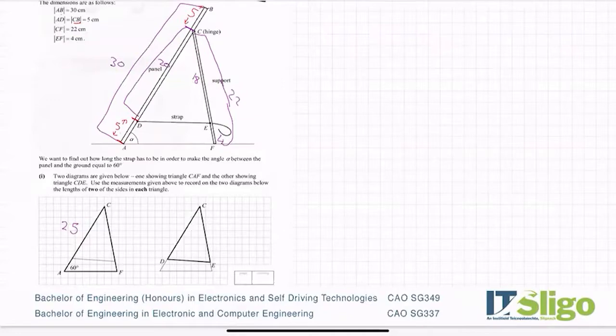Where did I get 18? 22 minus the 4, so C to E must be 18. Okay, so CF we're saying is 22, DC we're saying is 20, and CE we're saying is 18. I don't know anything about AF, I don't know anything about DE. So that's about as far as I can go with that one.